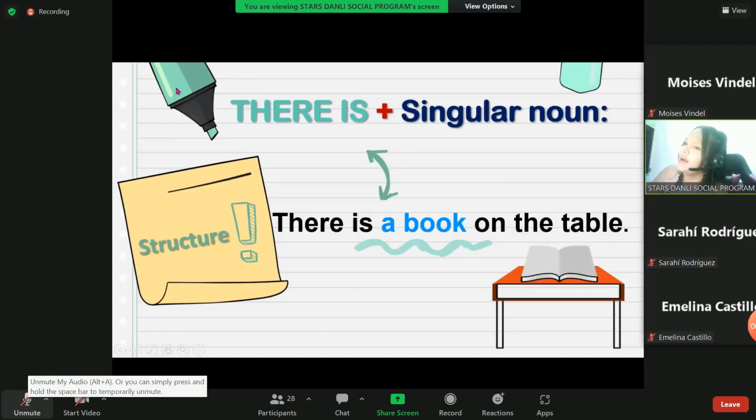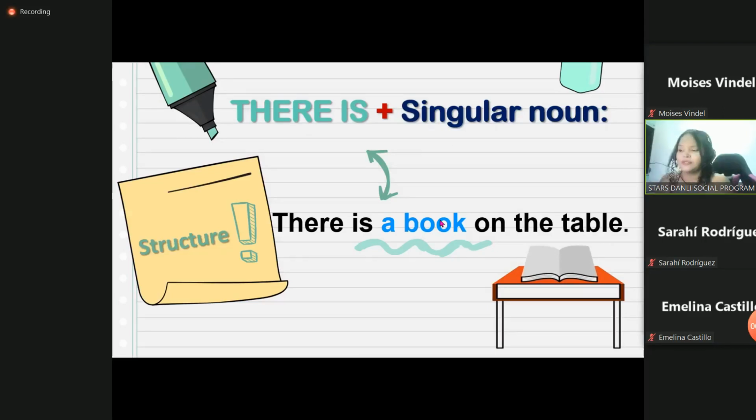However, quería mencionarles, como les decía, esta clase la vamos a continuar en la siguiente clase. Es decir, que está dividida en dos. Hoy vamos a hablar solamente de expresiones de countable nouns, es decir, cosas contables.